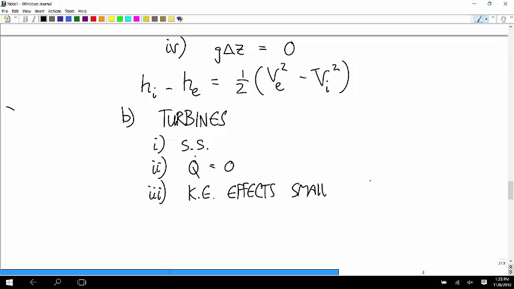So the change in V squared over 2, we're just going to zero that out unless you're given reason to plug that in. We're going to assume that the potential energy effects are small.